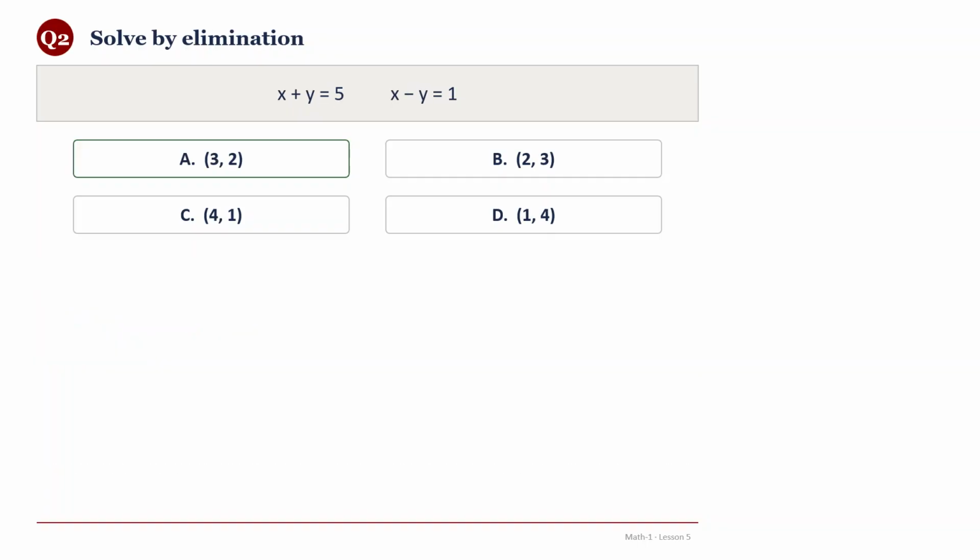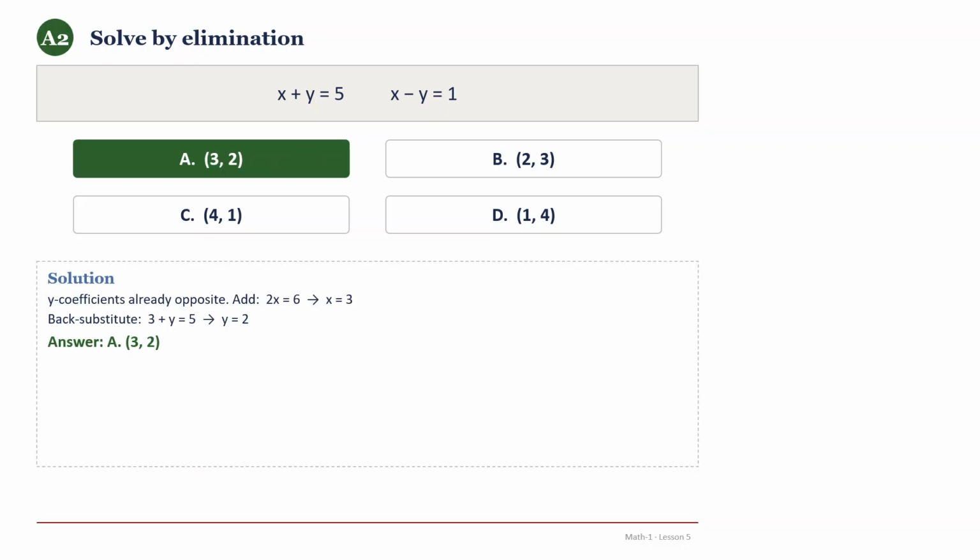Question 2. Solve by elimination. You have the system x plus y equals 5 and x minus y equals 1. Pause and try this one. The answer is A, the point (3, 2). The y coefficients are already opposite, so add the equations directly. 2x equals 6, so x equals 3.